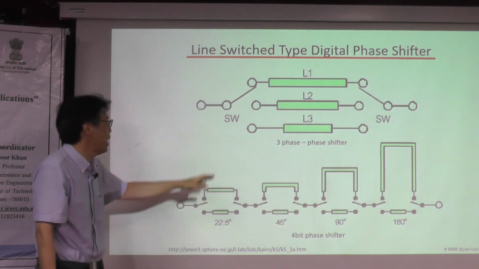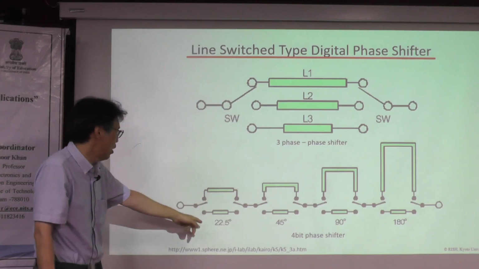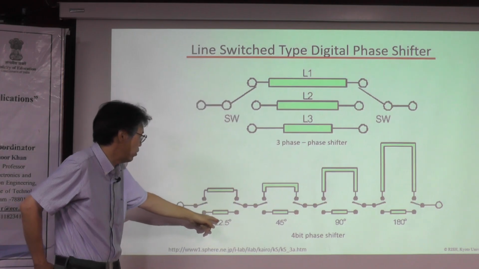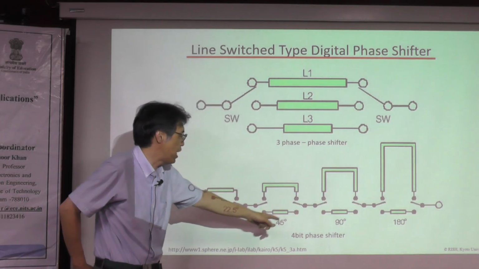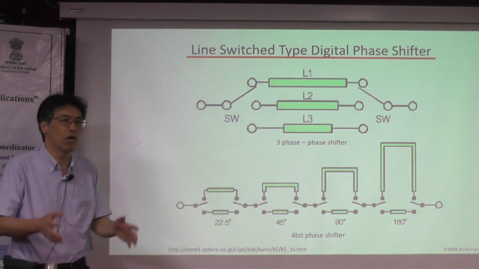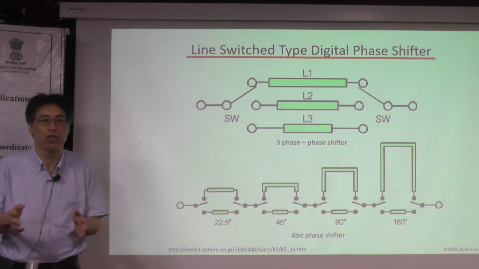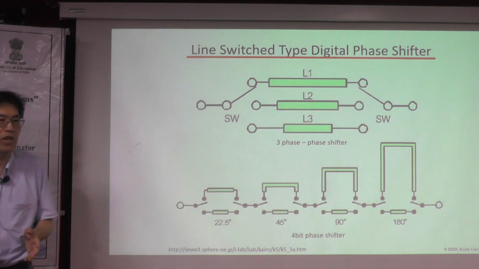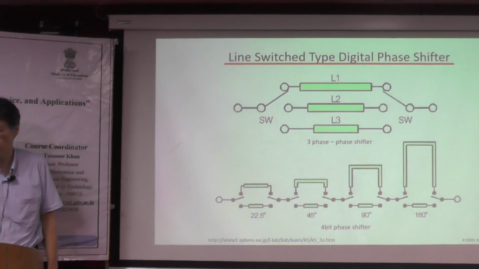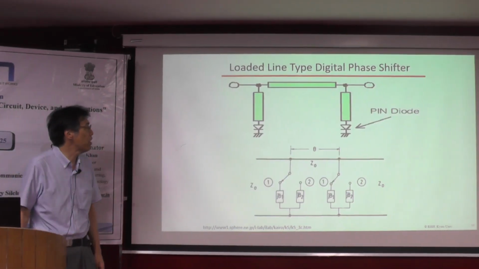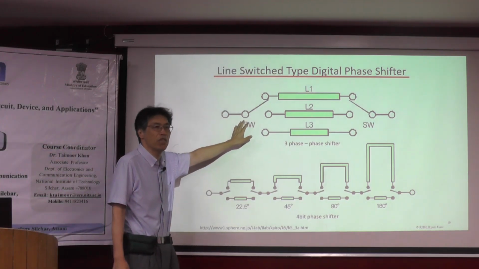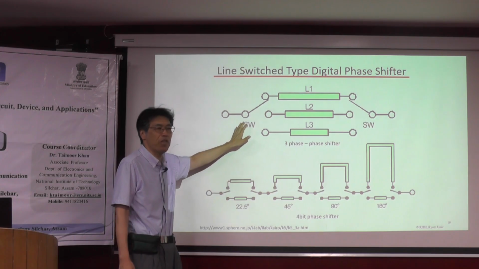And we combine these lines, the 22.5 degree line, 45 degree line, 90 degree line, etc. And totally we can control the whole phase, 0 to 360 degrees, in this phase shifter. But in this switch there are some real losses, especially in the pin diode.